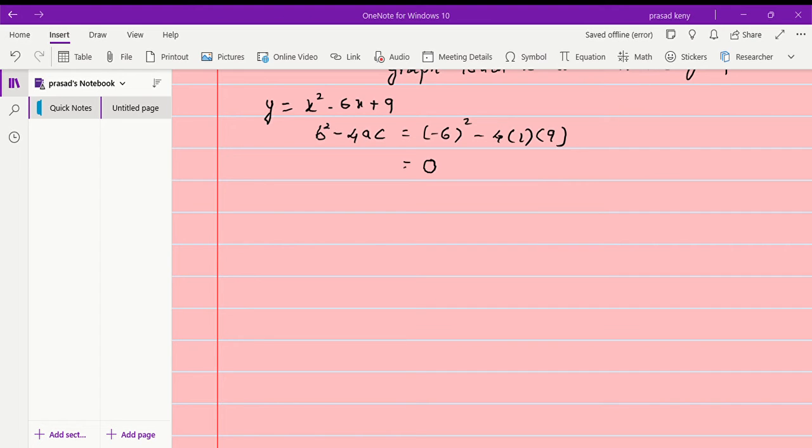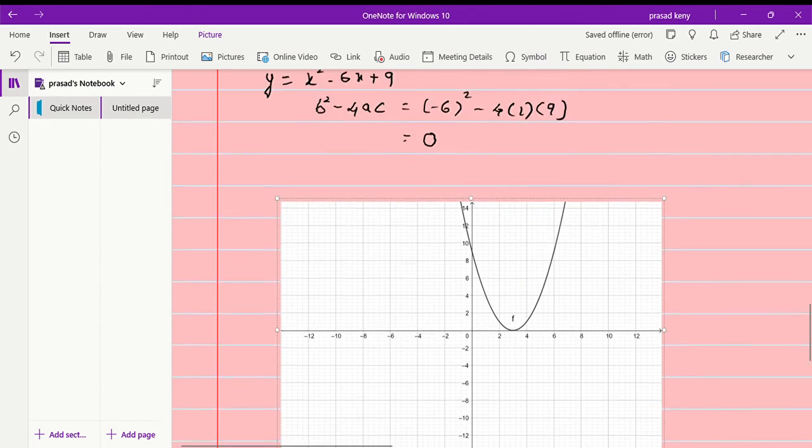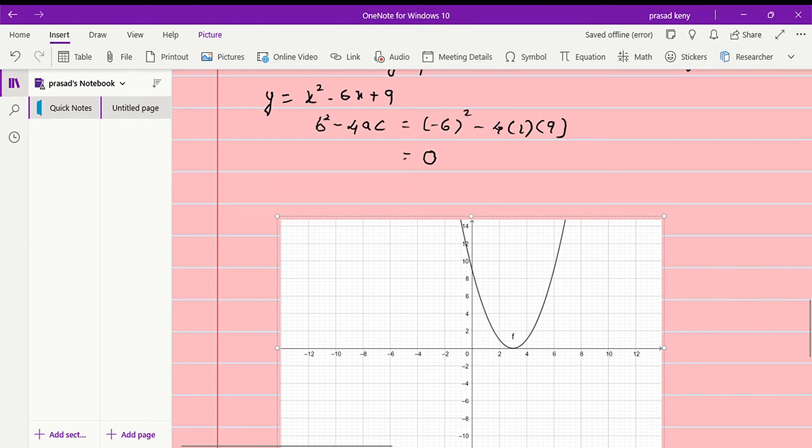So this is the graph of the quadratic function y is equal to x square minus 6x plus 9, and you can see here there is a single root, x is equal to 3.